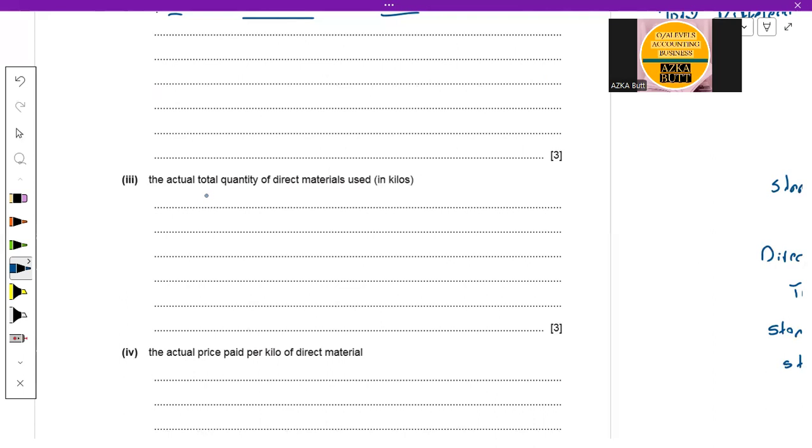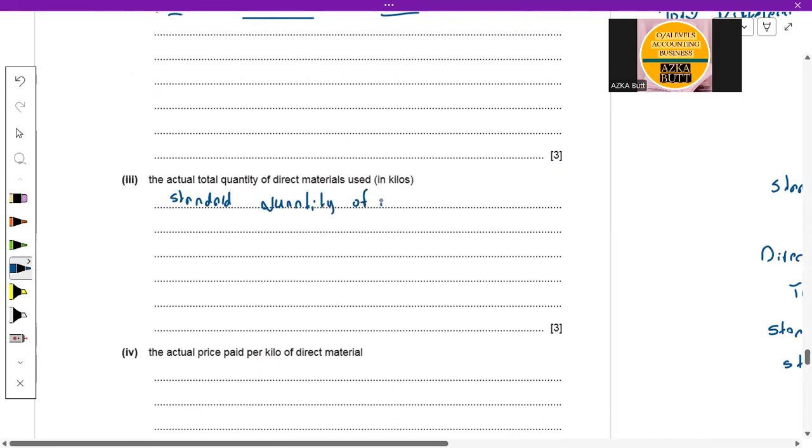So the standard quantity of materials is equal to 11,000 number of units multiplied by 4 kilos per unit, which is equal to 44,000 kilos.